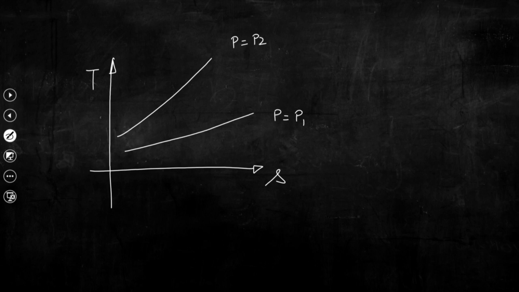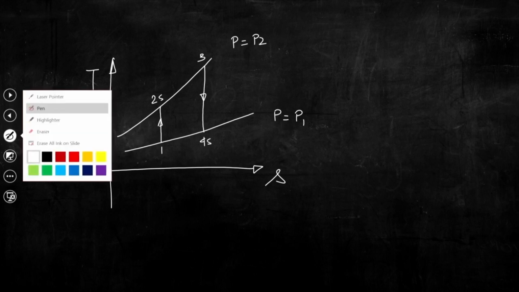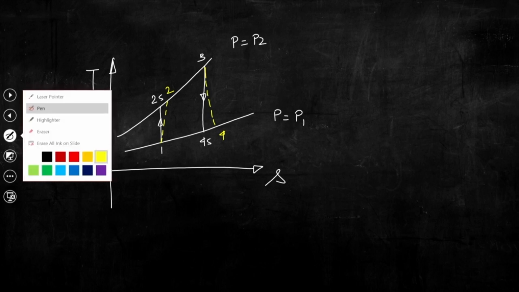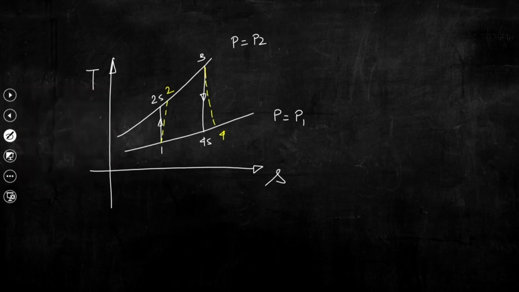A common process would be that this is the isentropic compression 1 to 2s, then again this is 3, this is 4s, and if we now consider that some degree of irreversibility will be there in both the compression and expansion process, so this is 2 actual, but this is schematic.